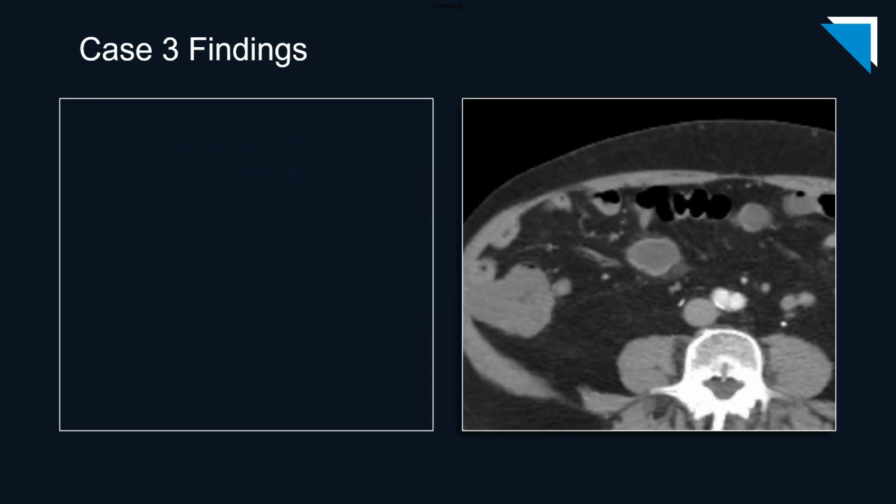Let's review our findings. Here is a single axial slice at the level of the mid-abdomen, which demonstrates a blind-ending, somewhat inflamed tubular structure arising from the distal ileum. There is some infiltration of the adjacent mesenteric fat.